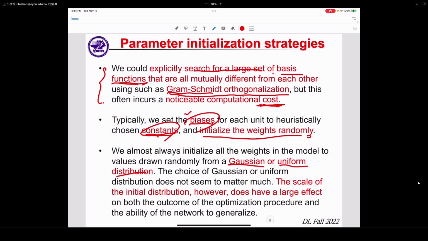What scales do you allow for the initial values? That's more important. What's the range, if it's a uniform distribution? So why is that? What's the concern of the scales, the range of the values? What are the concerns?